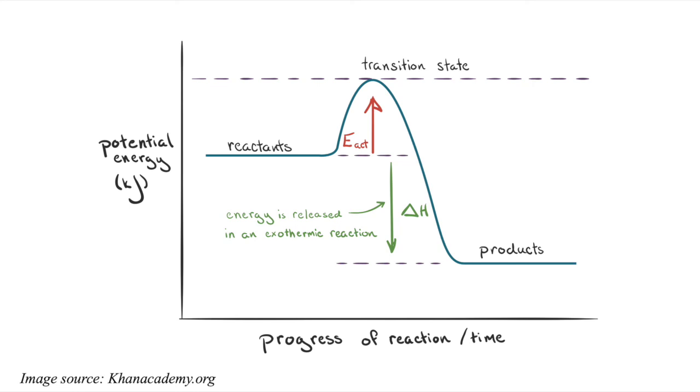This is a reaction energy diagram for an exothermic reaction. In this diagram, delta H is the energy change between the products and the reactants, and the amount of energy needed to break the bonds and to get to a transition state is less than the energy that's released by making the bonds and attractions that are needed to form the product.